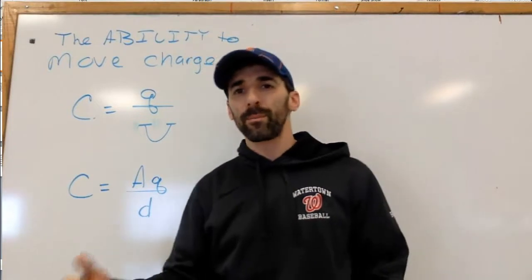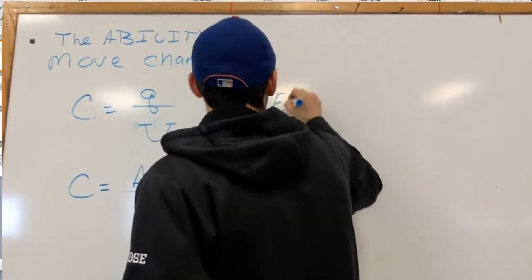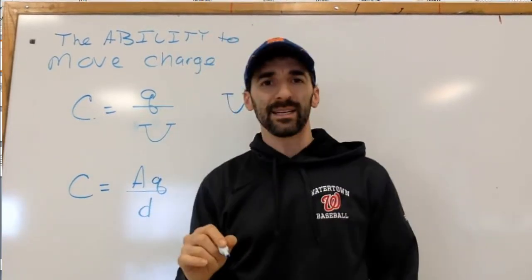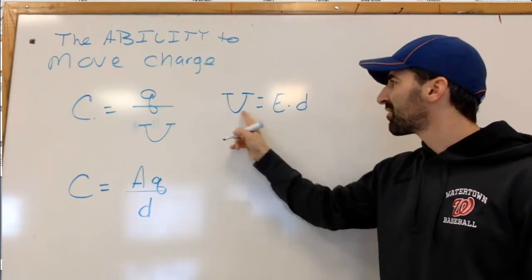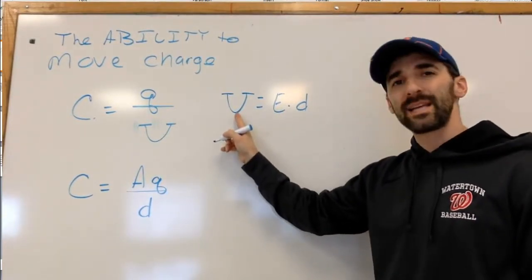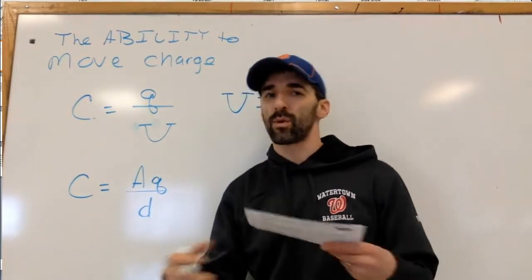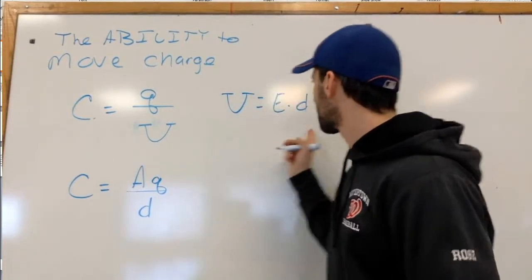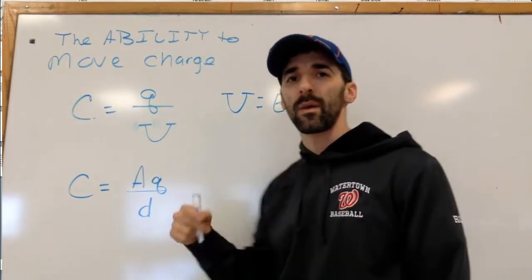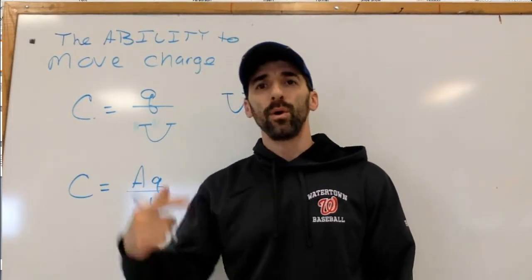And what do we know about potential difference? If we can recall, potential difference is an electric field times a distance. Electric field times a distance. Well, if my potential is going down, but I keep the separation distance between my parallel plates the same, obviously that means my electric field goes down. What's the electric field doing? The electric field is the ability to move charge.